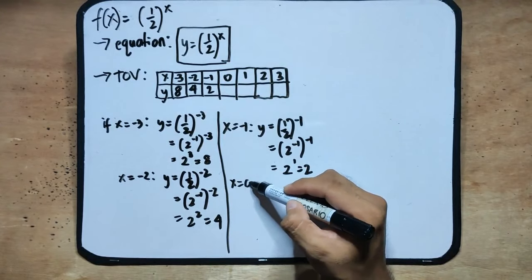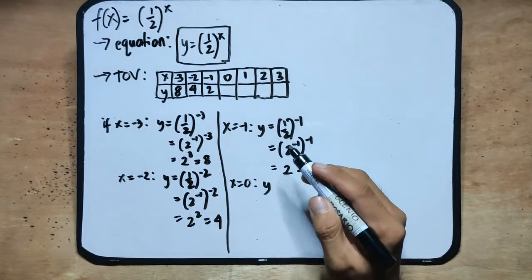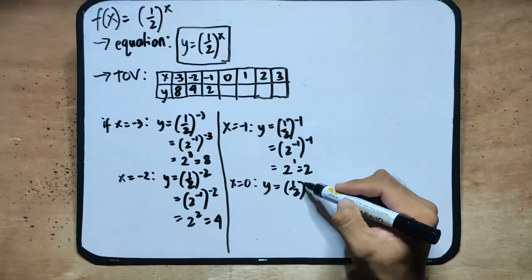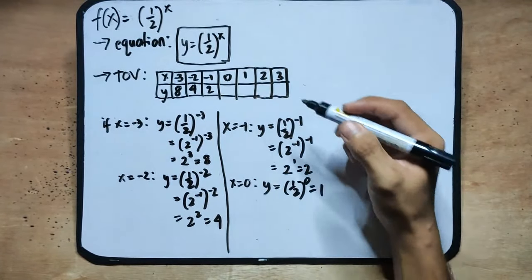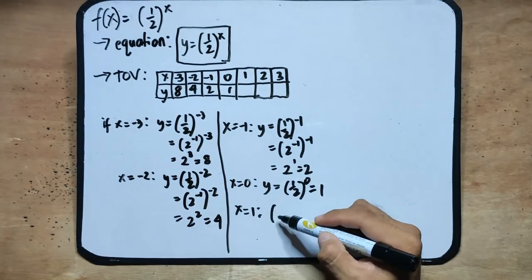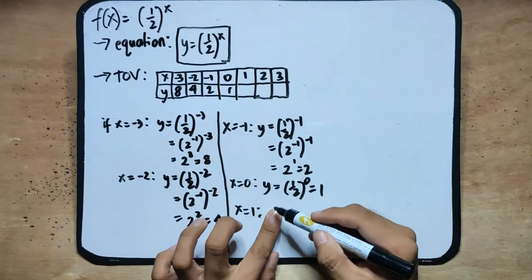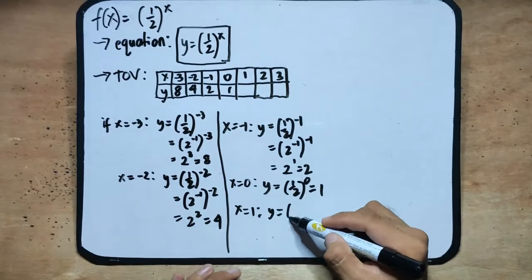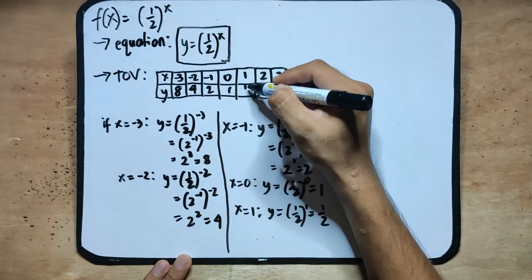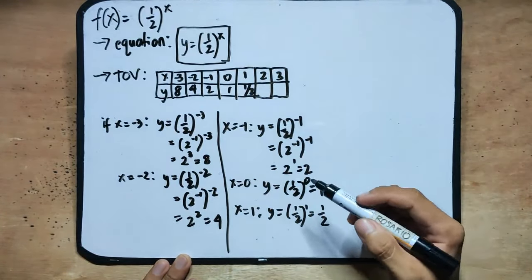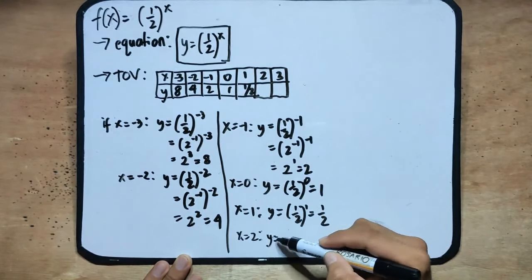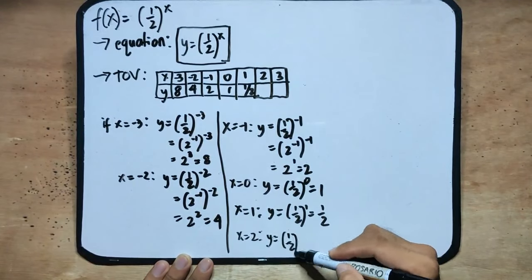If x is equal to 0, alam naman natin na any number raised to 0 except kay 0 ay 1. So 1 half raised to 0, that is 1. So we write here 1. If x is 1, then we have y is equal to 1 half raised to 1. This is still 1 half. If x is equal to 2, then we have y is equal to 1 half squared.